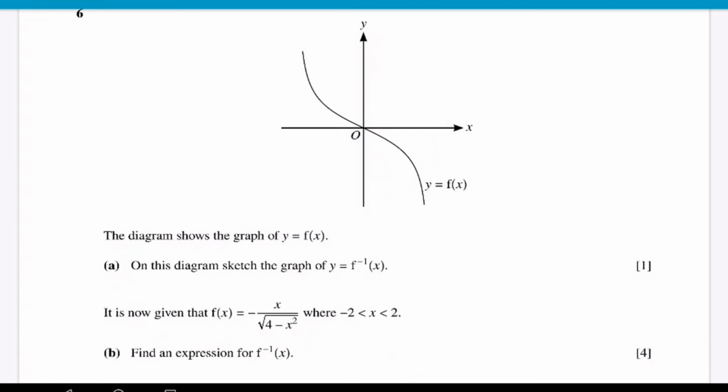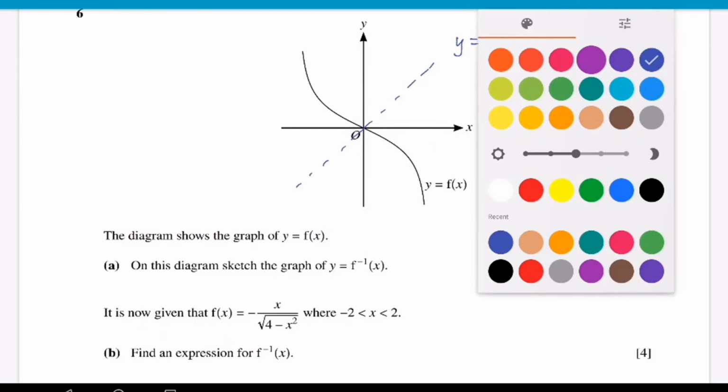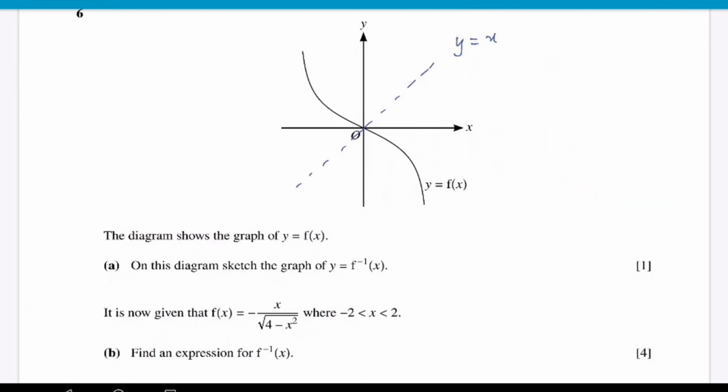The f inverse should be symmetrical about y equals x. If this graph is symmetrical about y equals x, how does it look? It should look something like this here. So this is how the graph would look like.